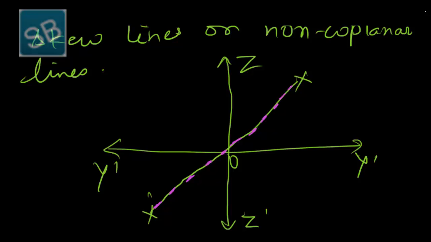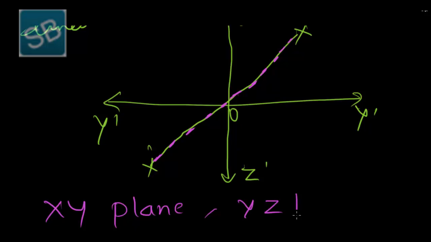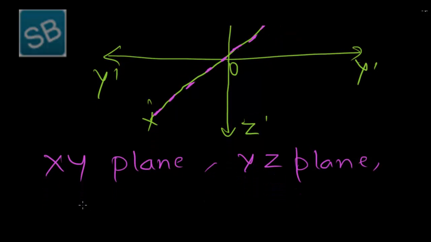So these are the three lines, or if we see here, planes are XY plane, that is YZ plane, and ZX plane. So in three-dimensional geometry, we get three planes, and from above it is clear that, as we know, if two lines lie in a plane, they must be parallel or perpendicular or intersect.